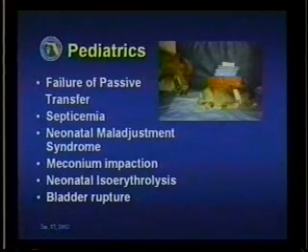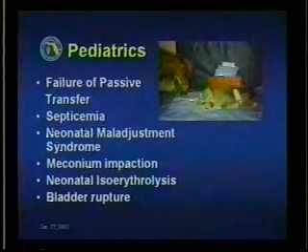Meconium is the first feces, and meconium is much harder than the regular foal feces, so therefore we can observe a little bit of constipation there. So this is not unusual. This is the most common cause of colic in foals, and is usually treated medically.